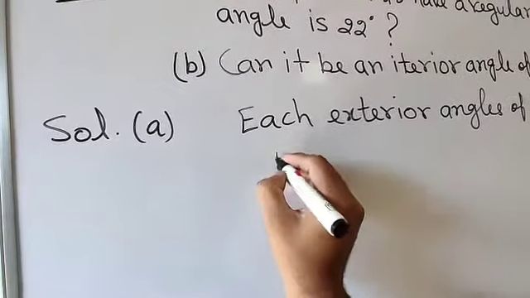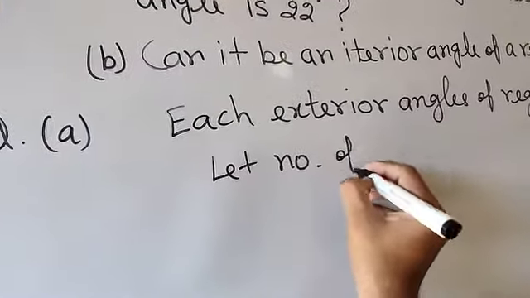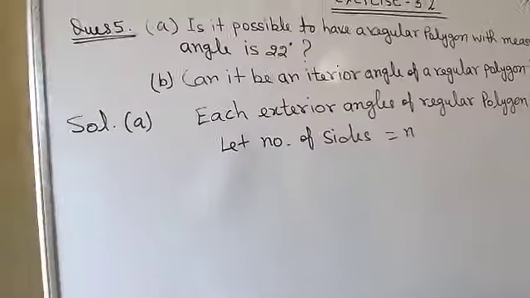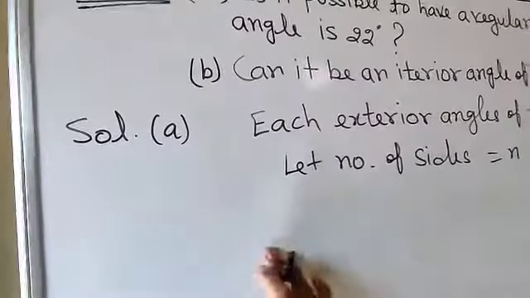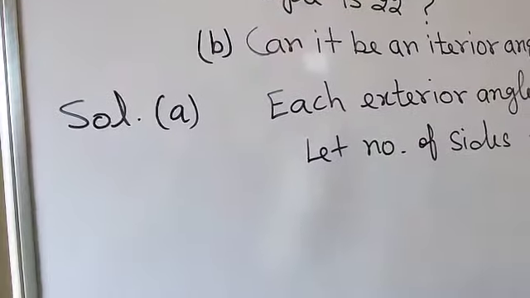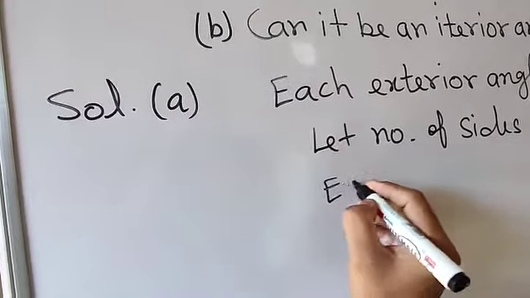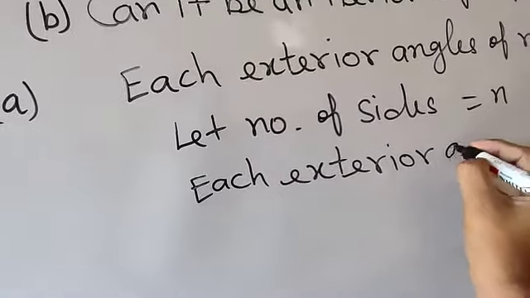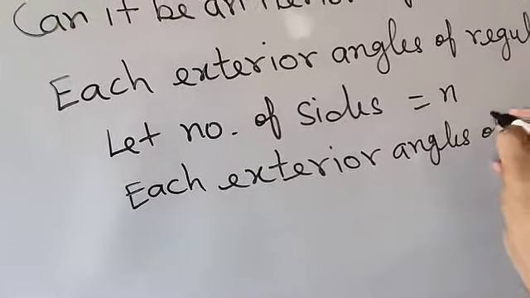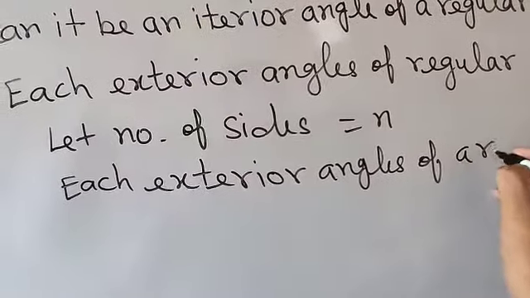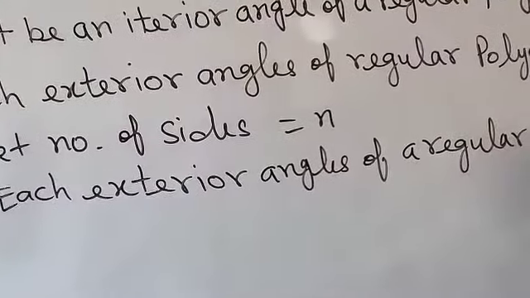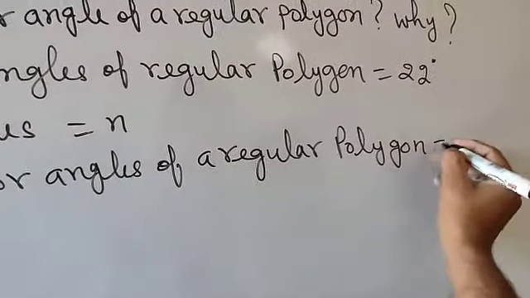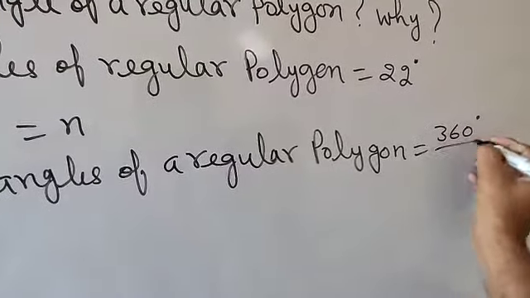So here I am going to take, let the number of sides be equal to n. Let the number of sides of that regular polygon be n. Then I have a formula which I applied in the previous questions. Each exterior angle of a regular polygon is equal to 360 degrees upon n.